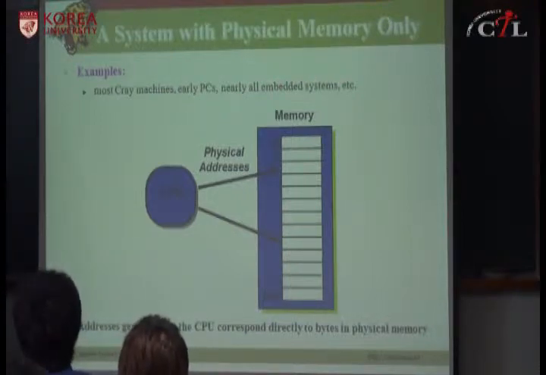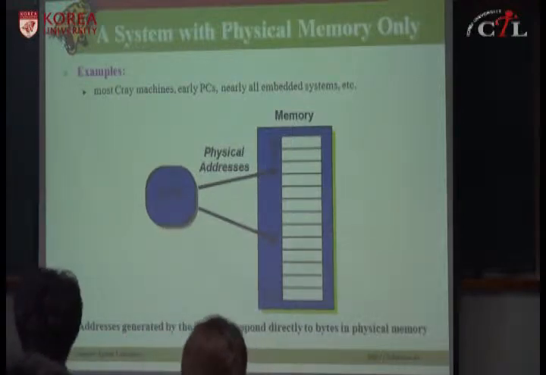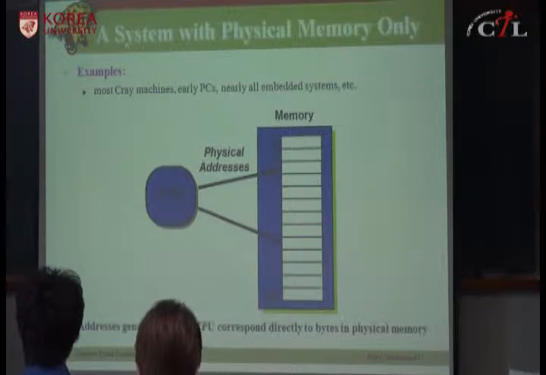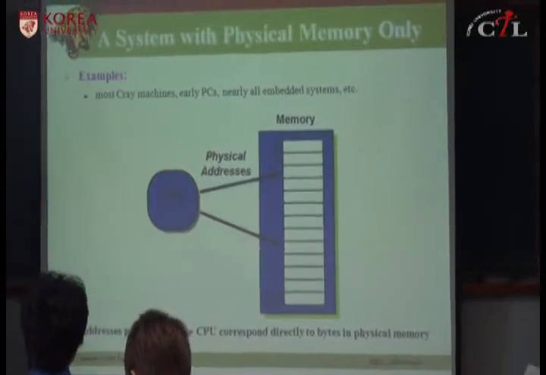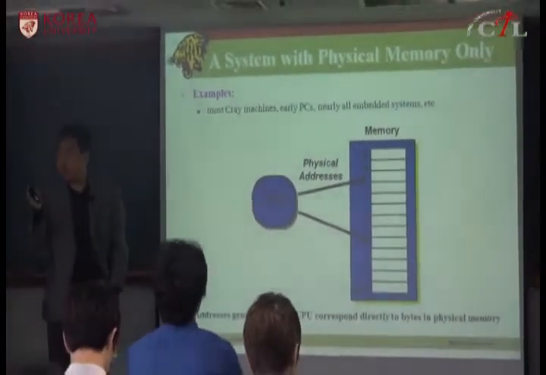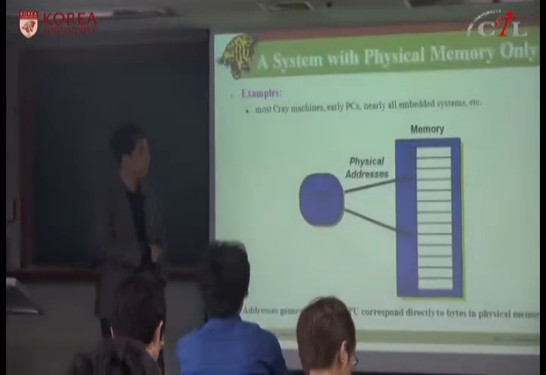Programming is quite difficult because you have to think about physical memory size, and there is no copying in on demand. So you have to move data from secondary storage to physical memory by yourself. Okay? So the address generated by the processor is actually a physical address, which goes directly into the main memory.